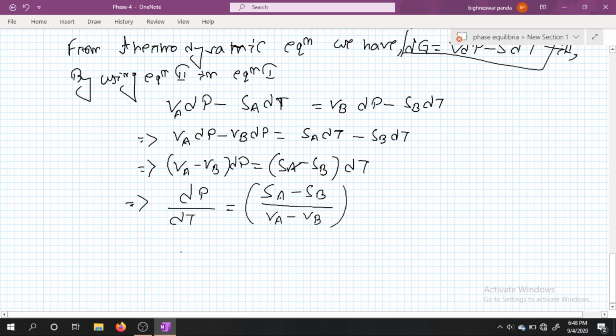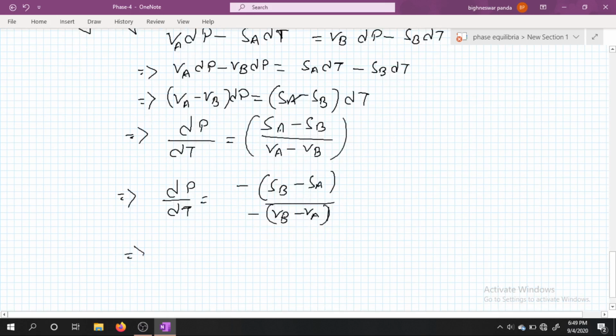By taking minus common on above and below, dP by dT is equal to the entropy change, final minus initial, SB minus SA divided by VB minus VA. I want to make final minus initial, so minus minus cancel with each other. I have dP by dT is equal to change in entropy delta S divided by change in volume.